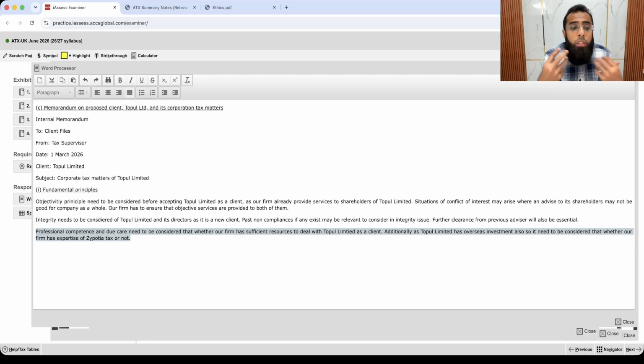So what factors we need to consider before accepting Topul Limited? That's the simple requirement. And since we have to relate it to the fundamental principles, we are referring to those fundamental principles also.